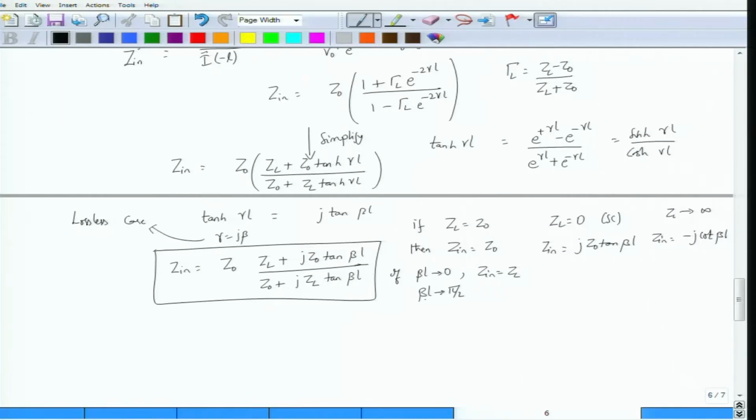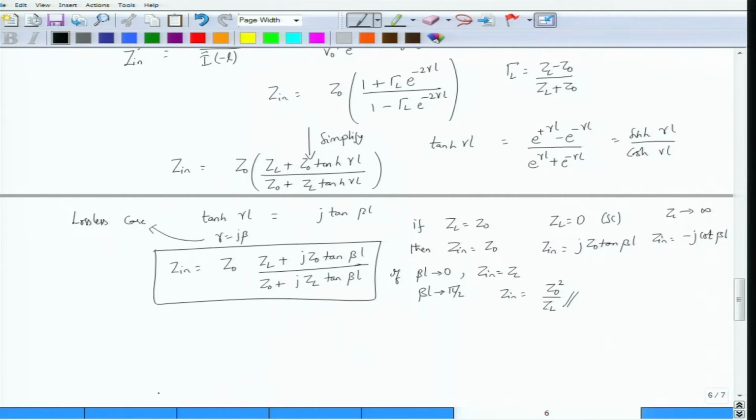When beta L becomes pi by 2, tan of pi by 2 becomes very large. So, in this case the jZ0 tan beta L in the numerator, and in the denominator jZL tan beta L will survive, and the tan beta L will all go away, and input impedance becomes Z0 square by ZL. Okay. So, this is what would happen.